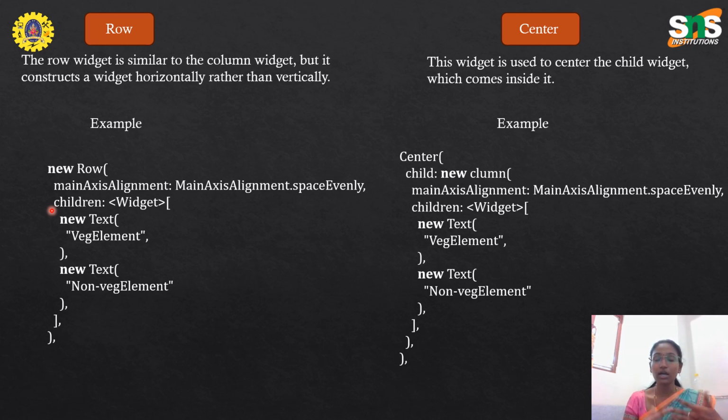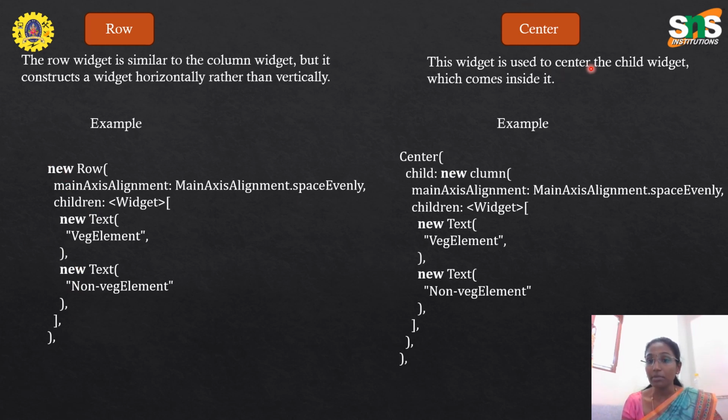I click on the widget, and it will create one structure of the widget. This creates a new text widget. What text do I want inside my row? I'll give the new text inside my widget, and then close my widget. This is how we create a new row in my Flutter application.